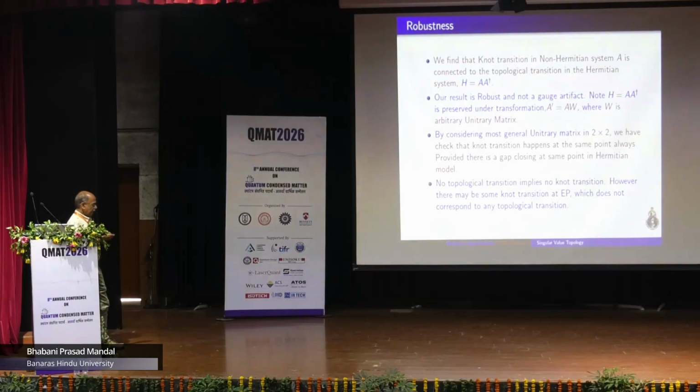Now we come to the robustness of our result. As I mentioned, this construction has a gauge symmetry: A prime going to A times W, where W is an arbitrary unitary matrix, and then the Hermitian model remains the same. By considering the most general 2 by 2 unitary matrix, the four parameter matrix, we found that the gap closing in the Hermitian model always corresponds to a knot transition.